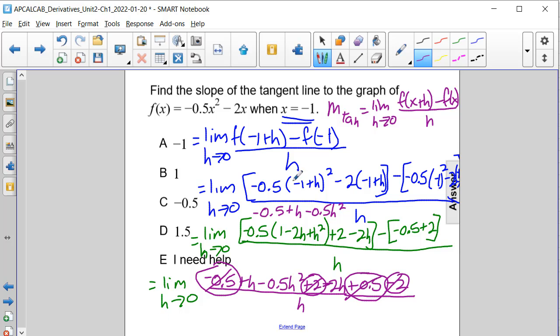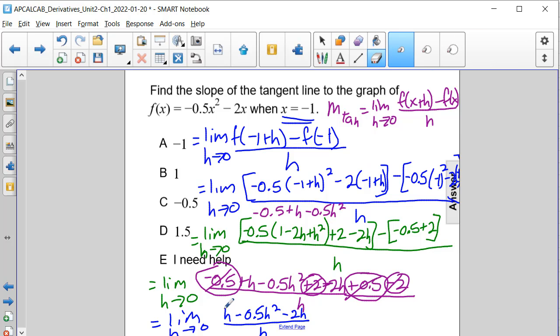So we now have the limit as h approaches 0 of h minus 5/10 h squared minus 2h, all divided by h. Well, h minus 2h is negative h, so I'm going to erase this and change this coefficient from negative 2 to be negative 1.